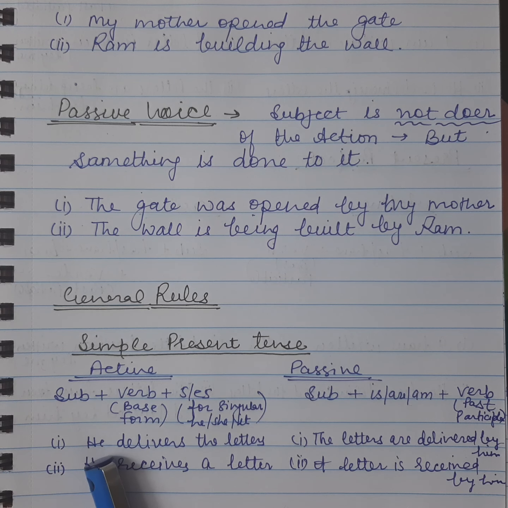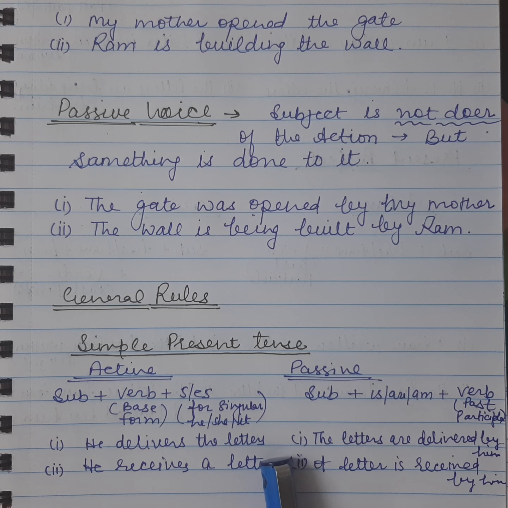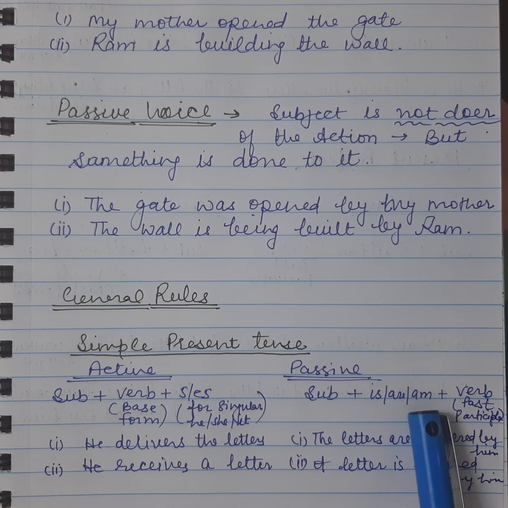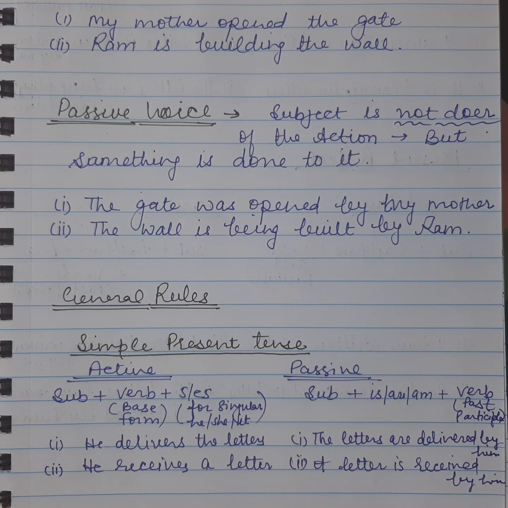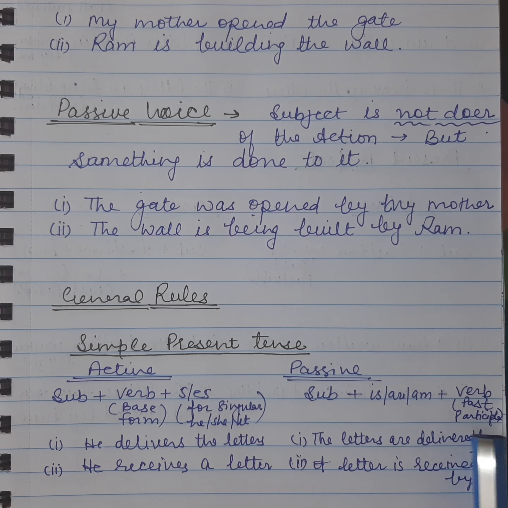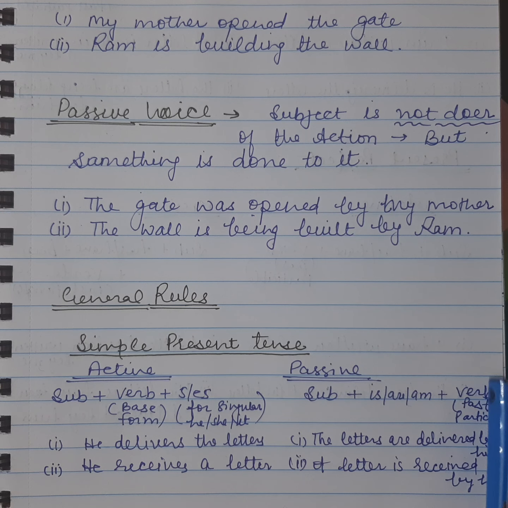He is the subject and the letter is the object of this sentence. So here the letter will become the subject. So the letter, and then we use is, am, or are as per the subject, which is the object of the active sentence, and then we use the past participle of the verb, or third form of the verb.